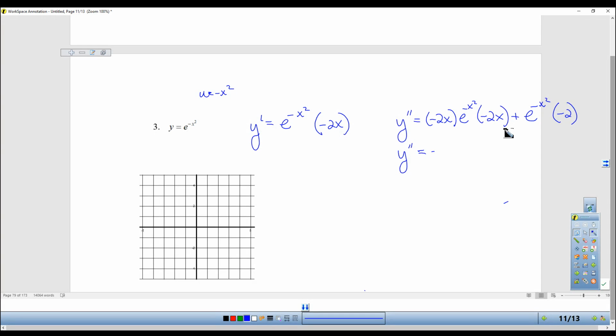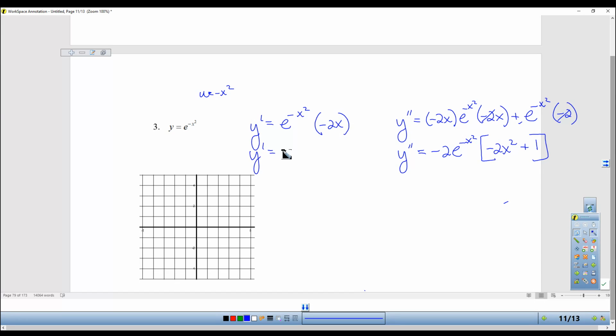I can take out a negative 2, and I can take out the e to the negative x squared. Now be careful here. You're left with this negative 2 in both x's, and even though you took both of these out, you are left with 1. So don't think that there's nothing left there. You are left with 1.